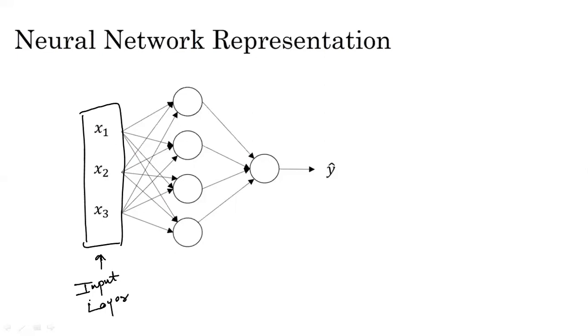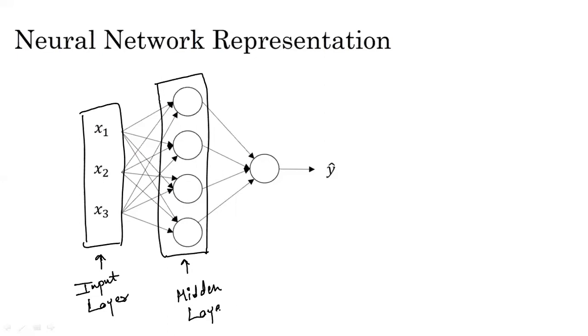This x1, x2 and x3 are the input layer of the neural network. This stack of four nodes is known as the hidden layer. Why this layer is called the hidden layer, I will tell you in a second. And this layer with only one node is referred to as the output layer.